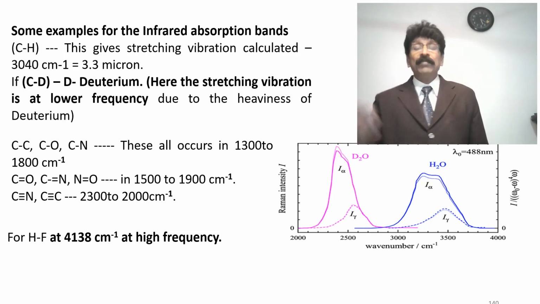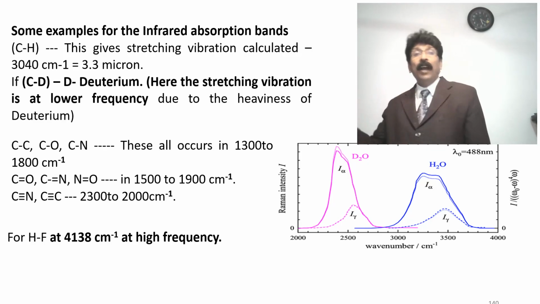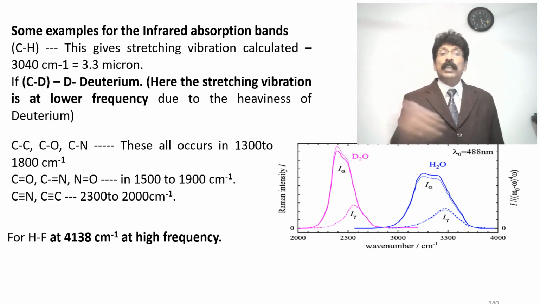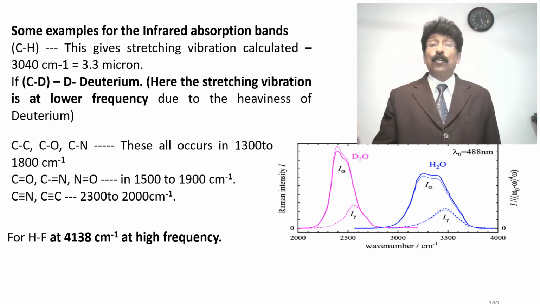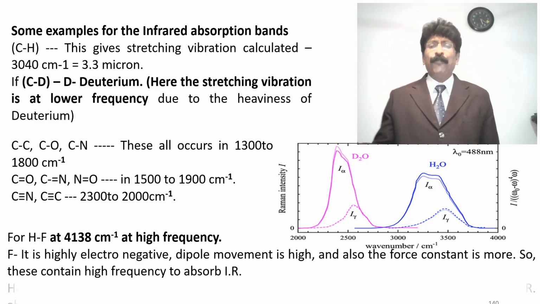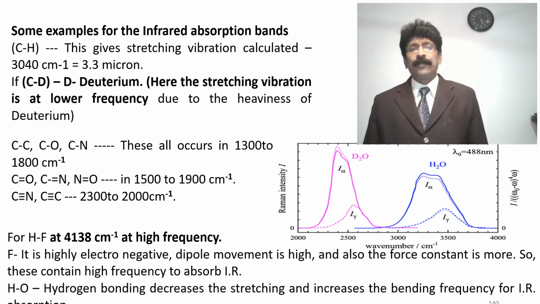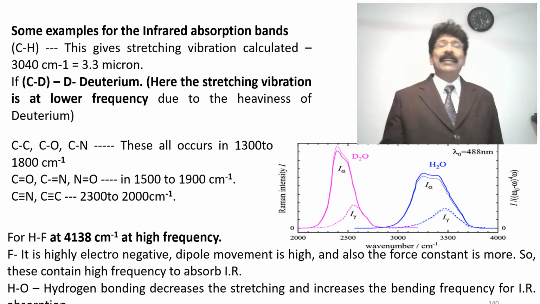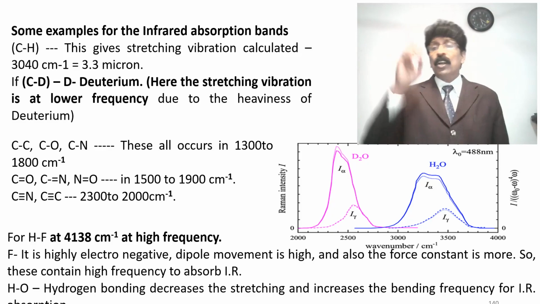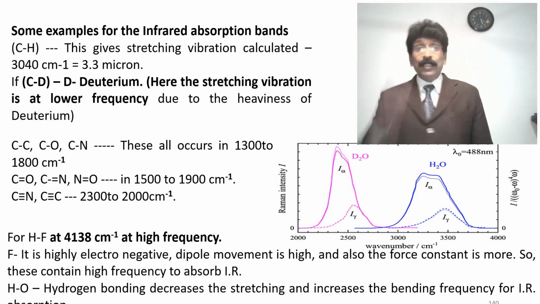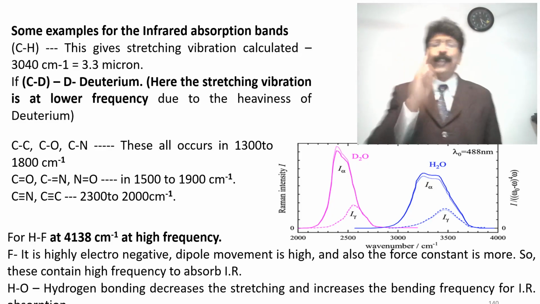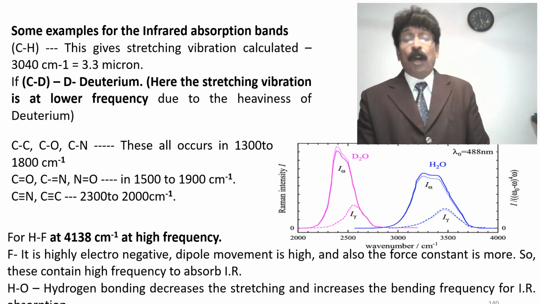Deuterium goes heavy, but it goes to the lesser energy, but when fluorine is attached, it goes to the higher energy. See that difference. Fluorine is highly electronegative, so the dipole moment is high and also the force constant is more. So these contain high frequency to absorb IR rays.